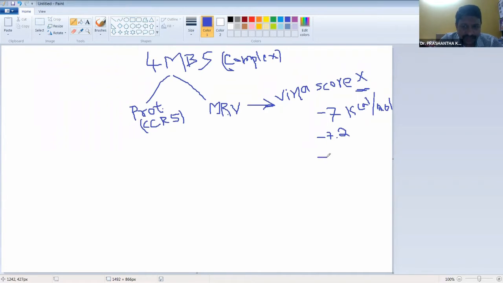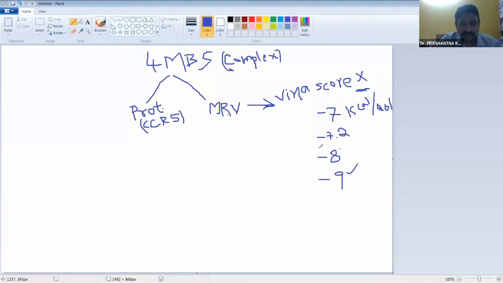Now, if the energy, for example, is minus 8 kilocalories per mole, and you want to develop a competitive inhibitor, how is the energy or score for your molecule? If the designed molecule gives minus 9 kilocalories per mole, then we say this is much better than this.